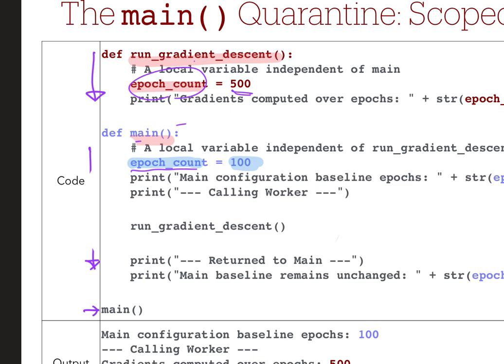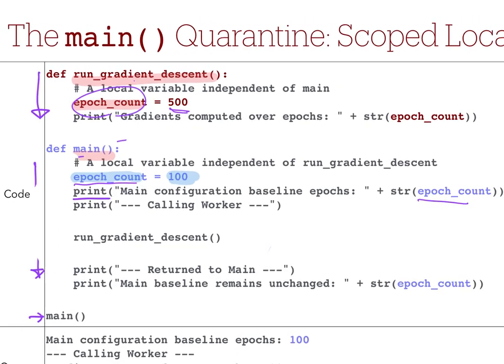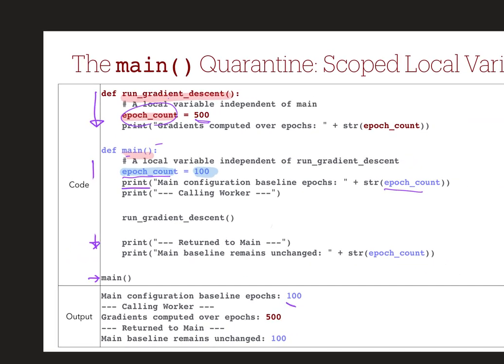The epoch count variable within the main function is created with the value 100. And then this print line will be executed, so the epoch count of 100 will be displayed on the screen. And then the next print line will be executed to display calling worker.